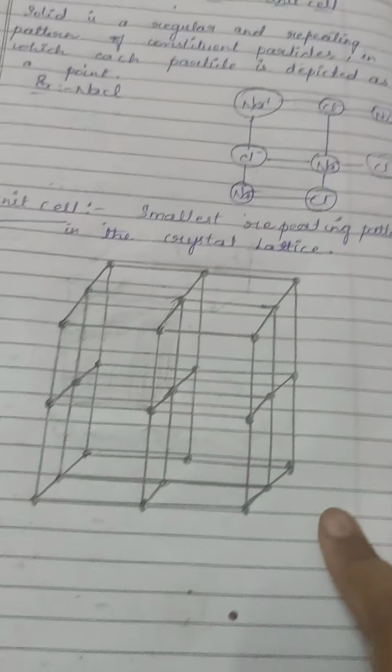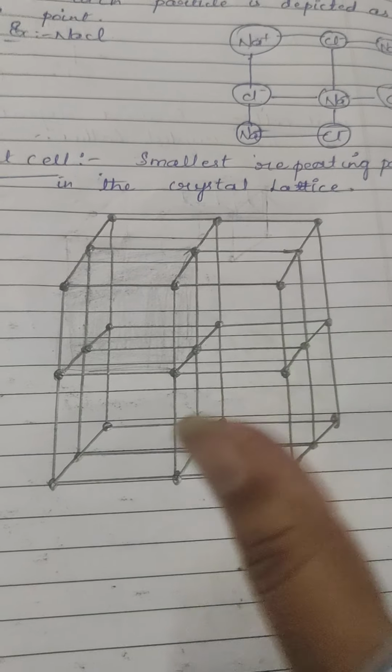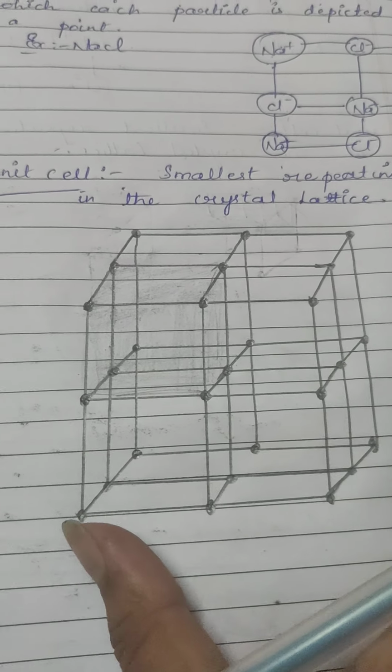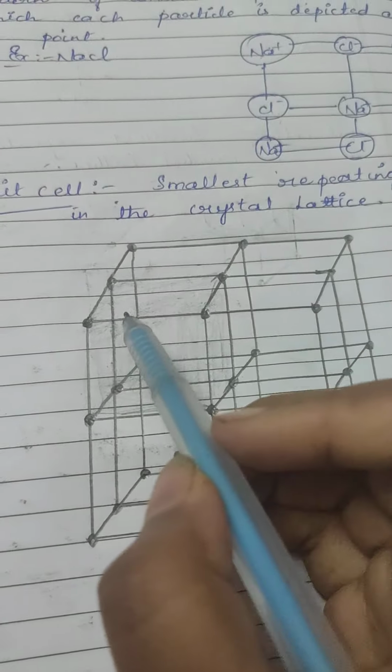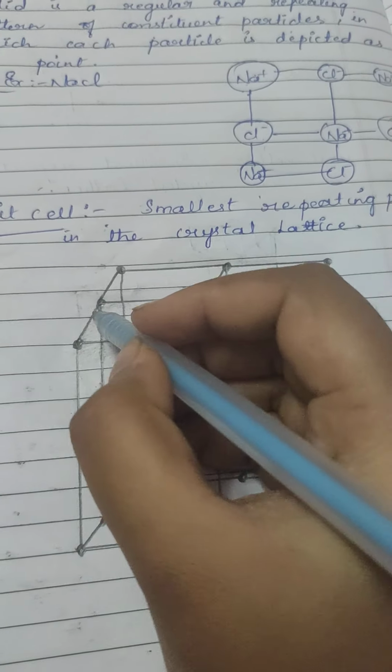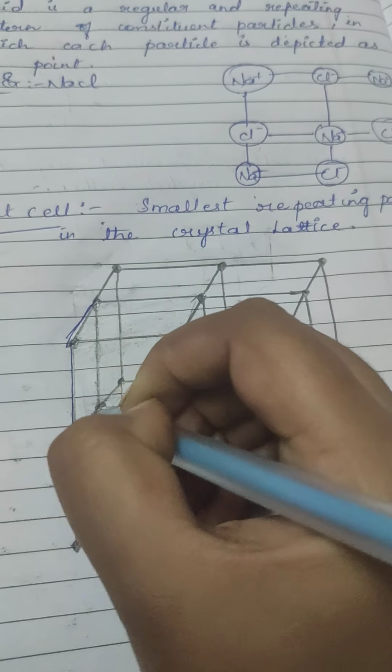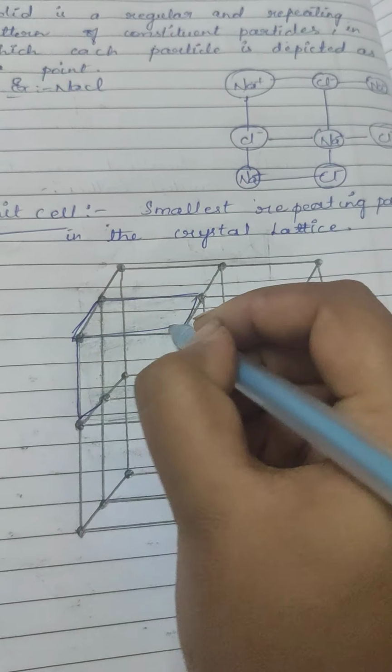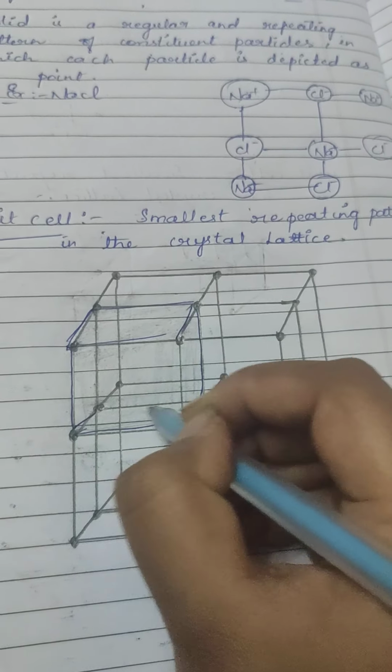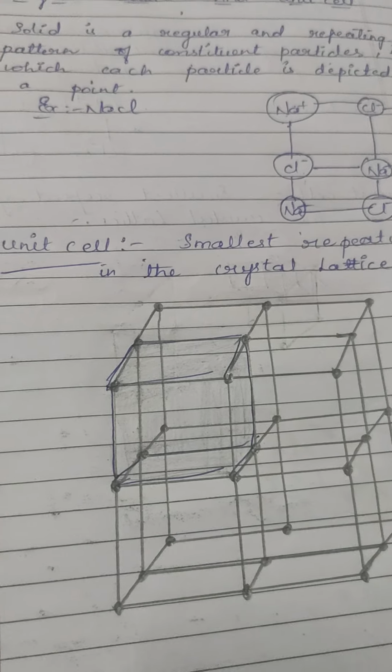So you can see the diagram. This is a crystal lattice, and a single unit cell you can find here, right? This cube is a single unit cell.